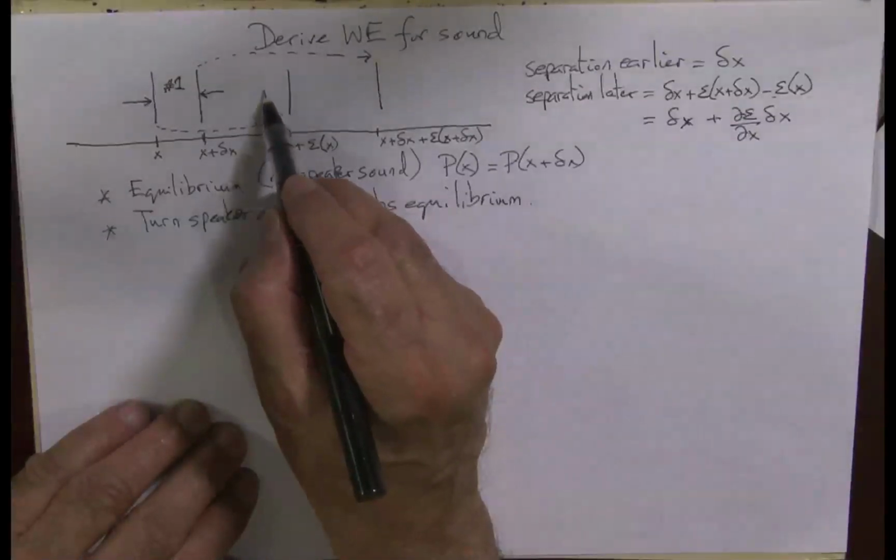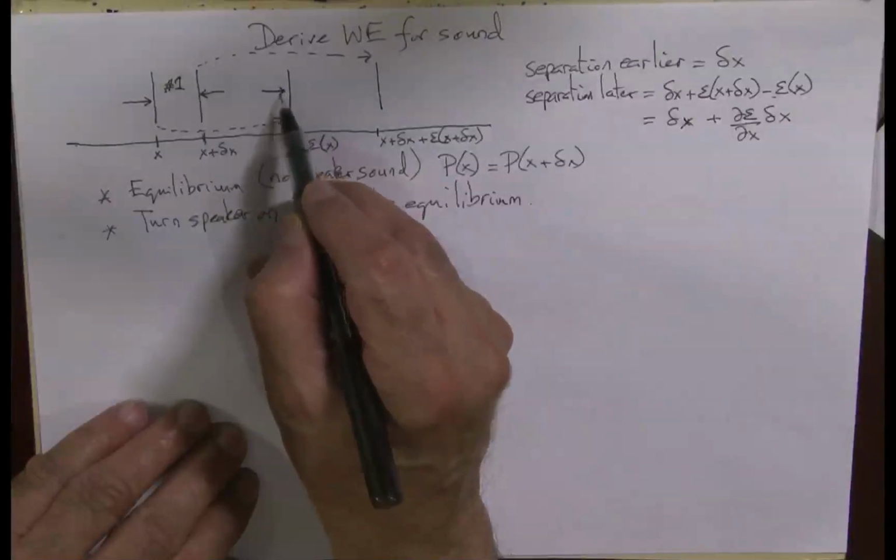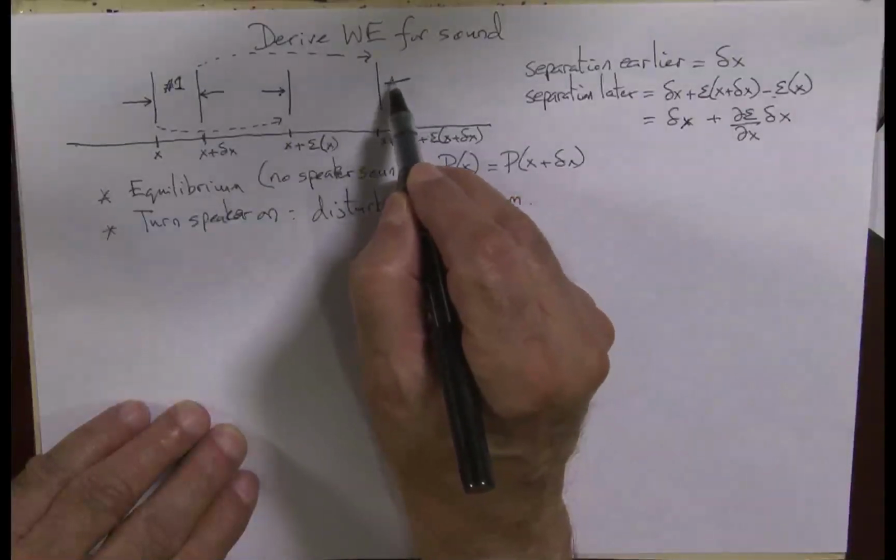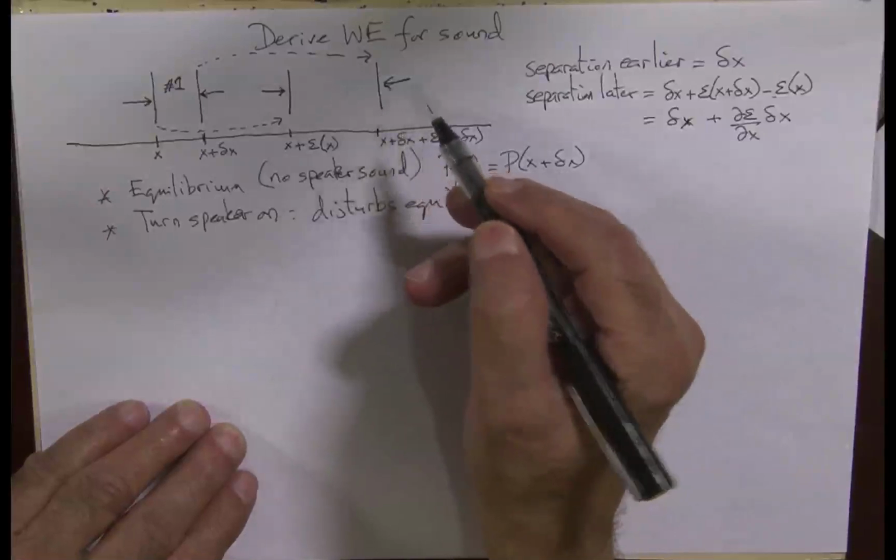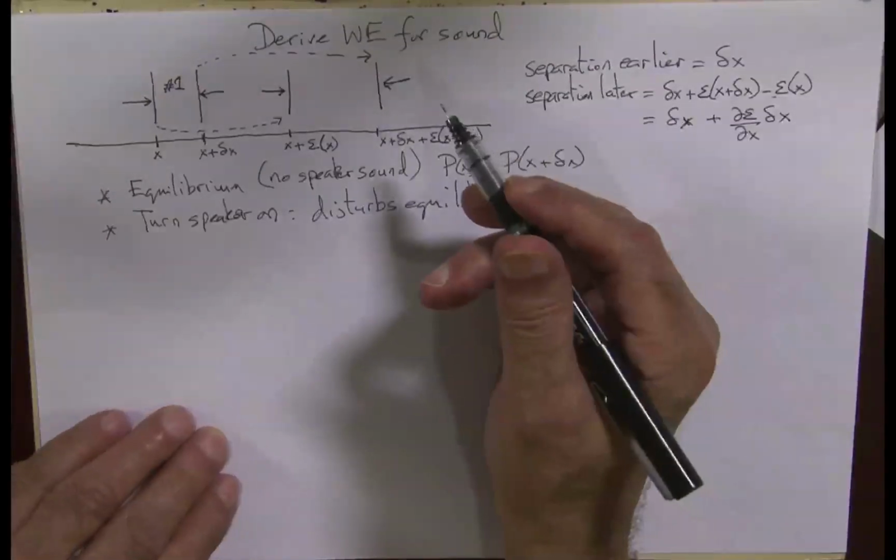That means that the pressure here and the pressure here are not going to be equal to each other.